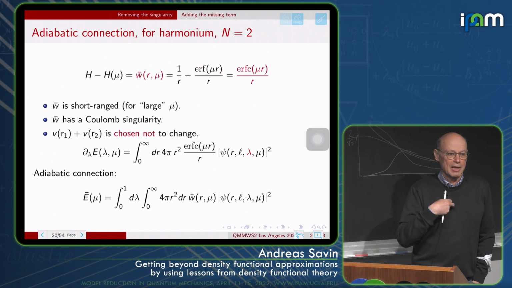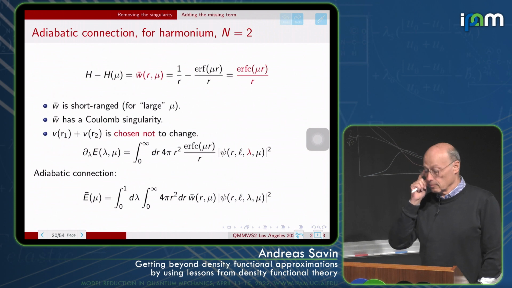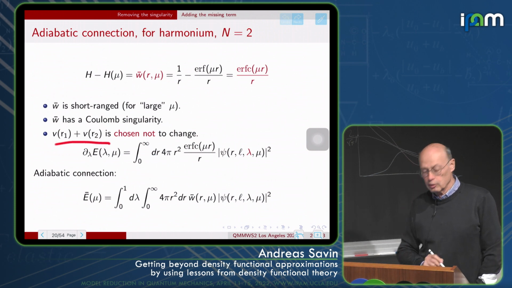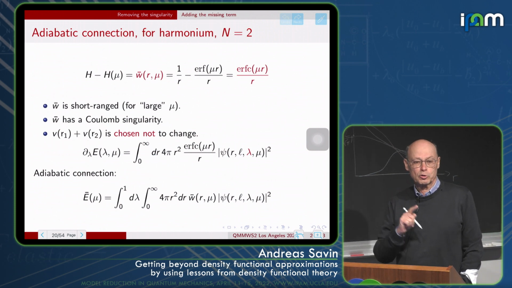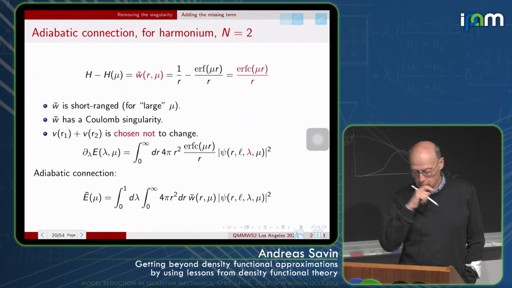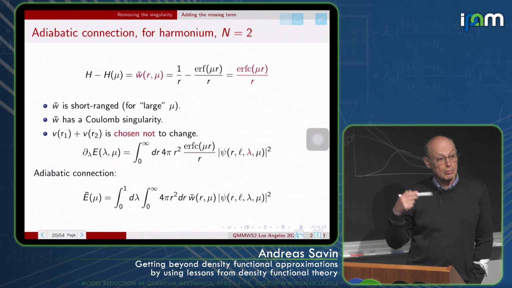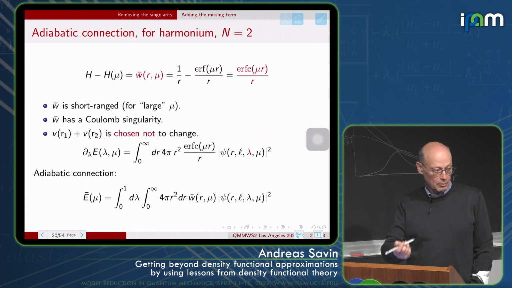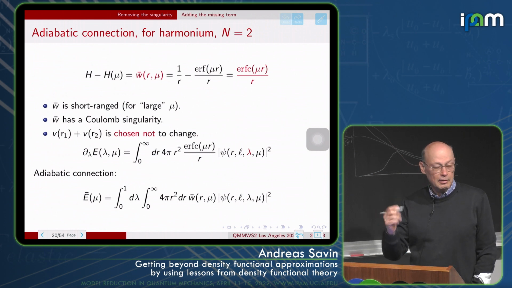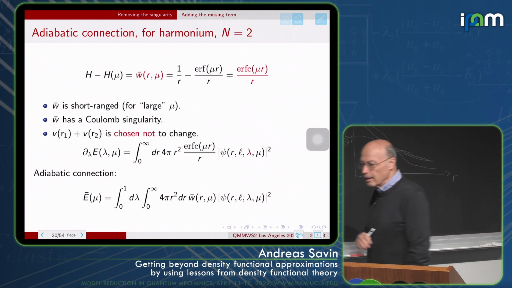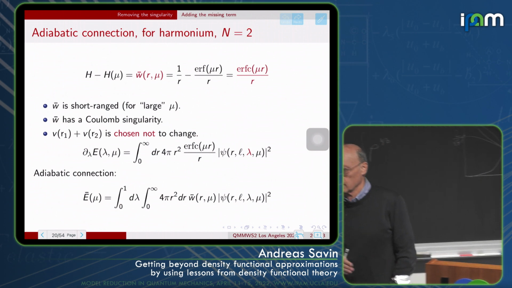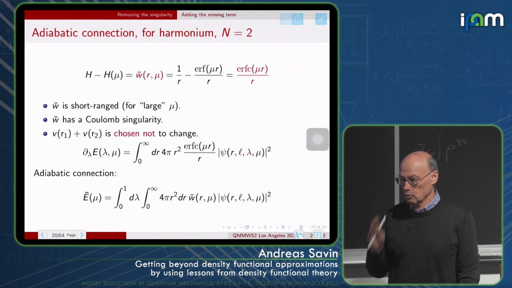And in my example, not the density functional examples, the external potential is not chosen to change. In density functional calculation, you change it. But in the techniques I will present later, I don't even change it. And everyone who knows about perturbation theory would say, never do such a stupid thing.